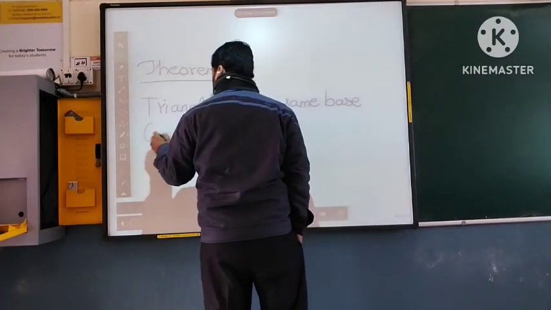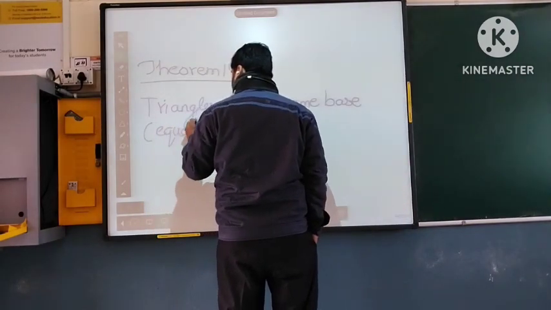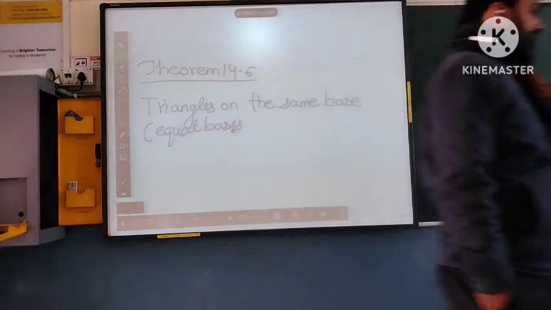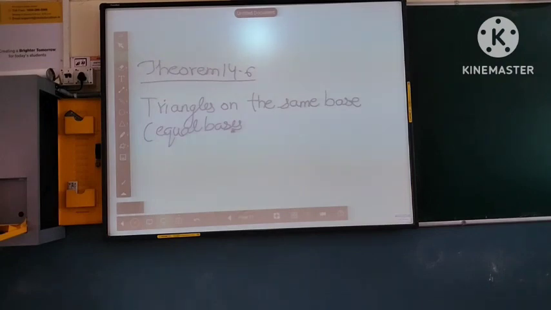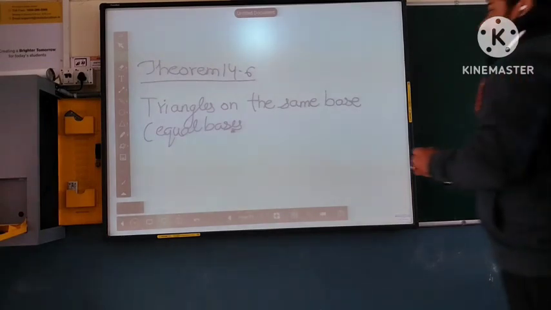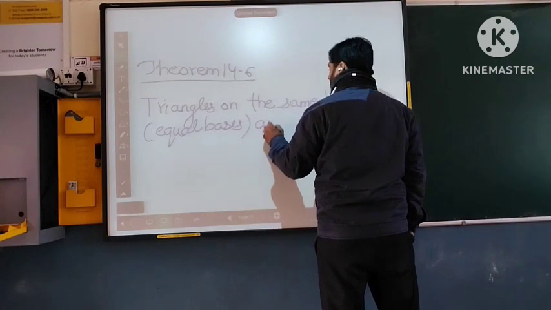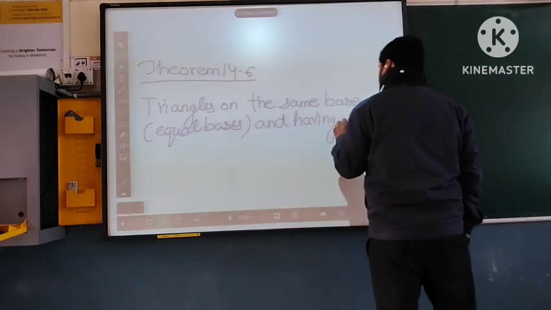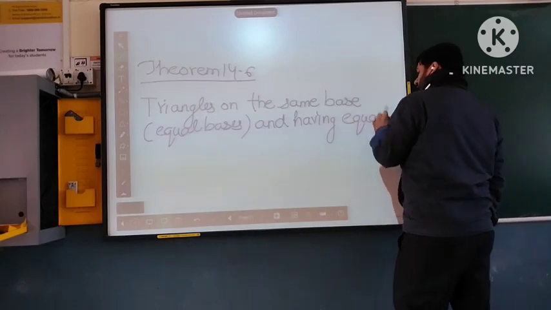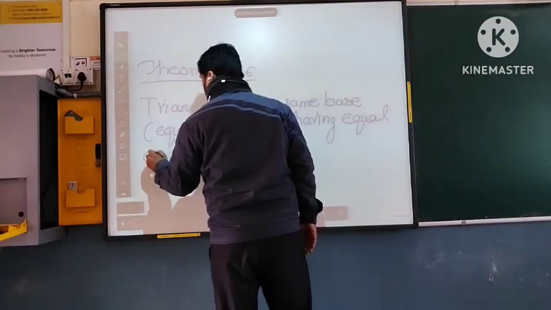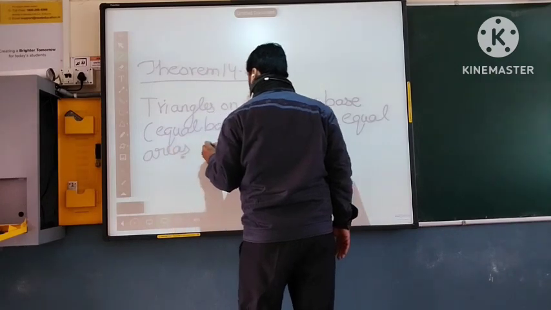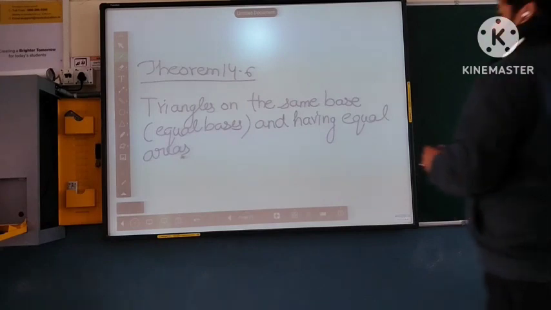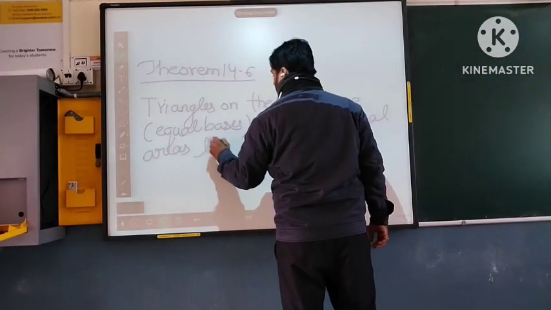So here, triangles on the same base or equal base and having equal areas will lie between the same parallels. So if they are having equal areas and they are on the same base, then what? The third thing remains, they will be between the same parallels.